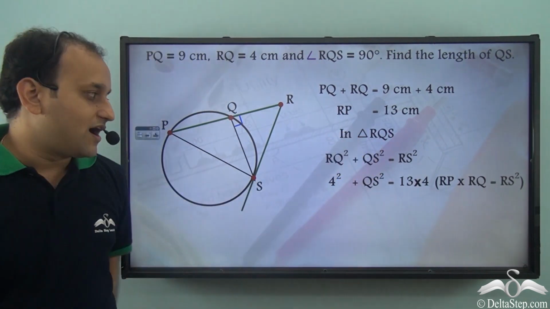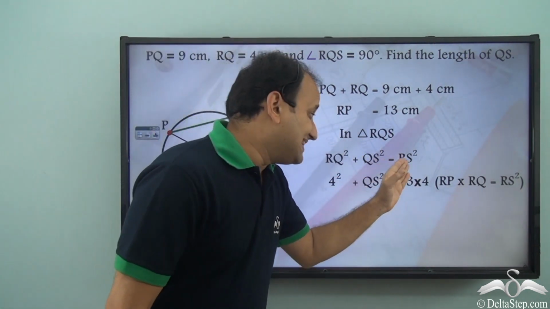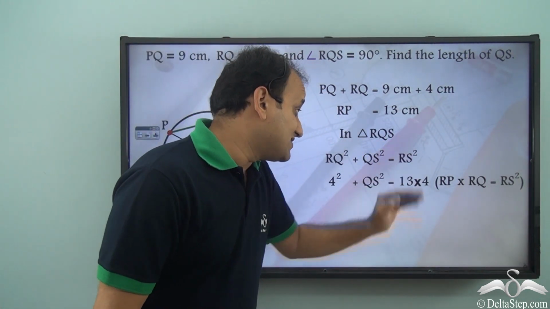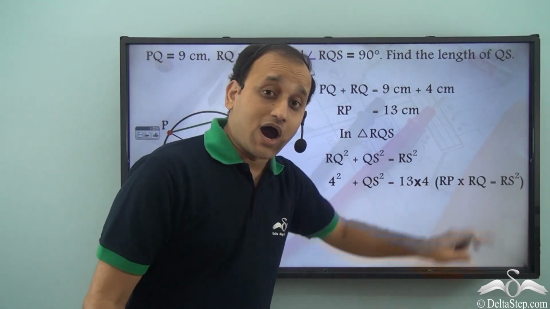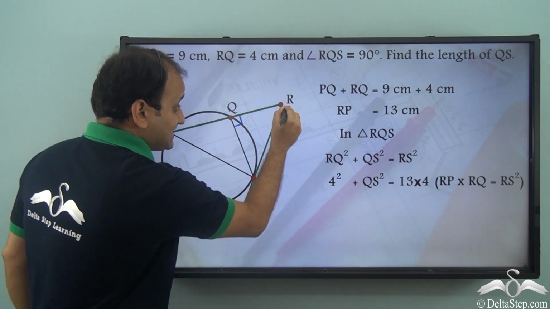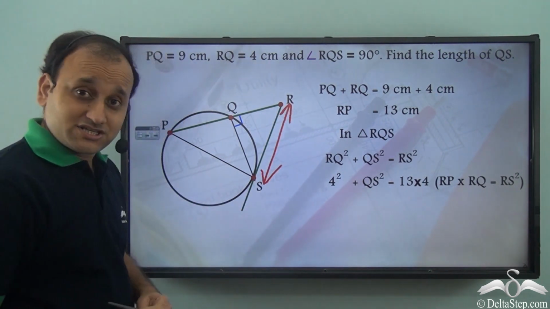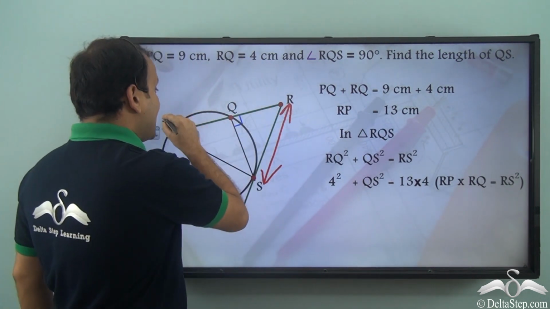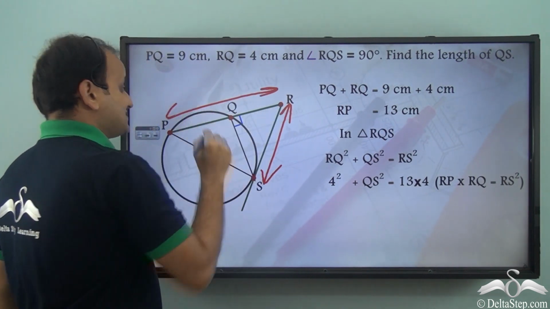Now, in the case of RS square, we know that RS square is nothing but RP into RQ, because this RS is the tangent and this RP is the secant.